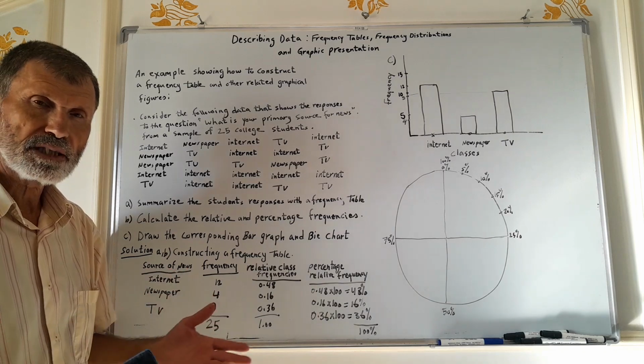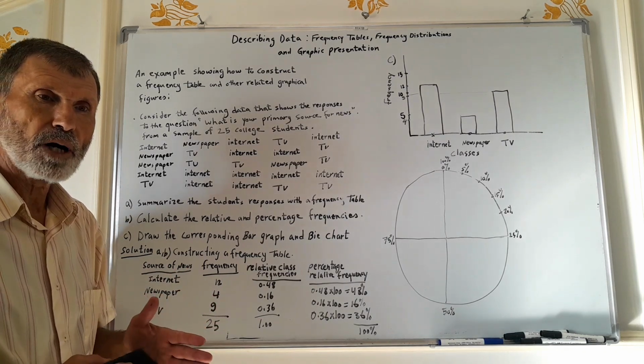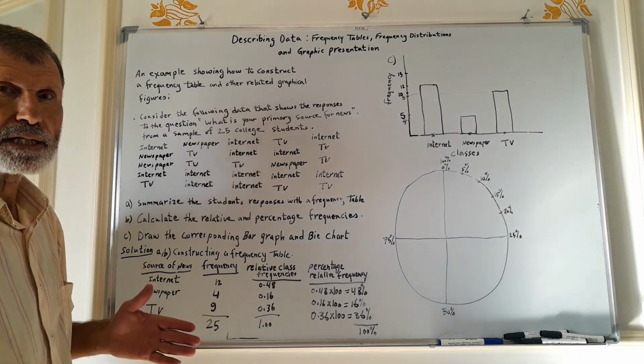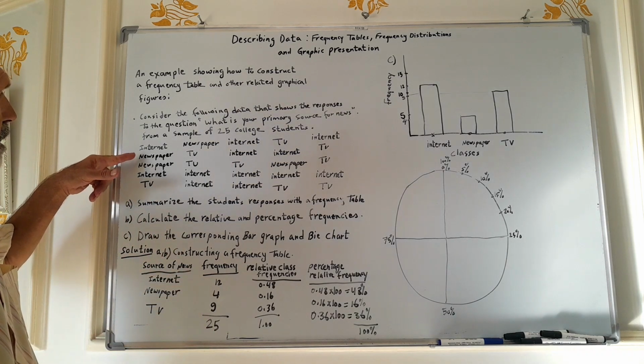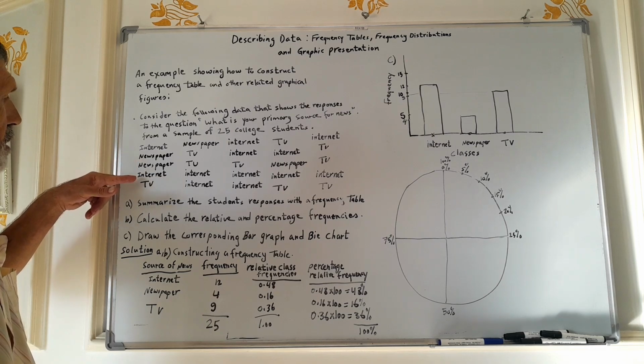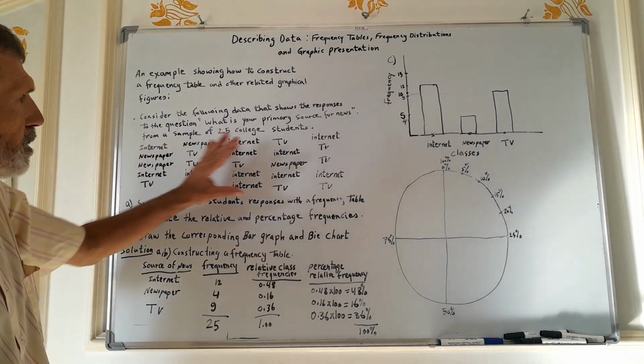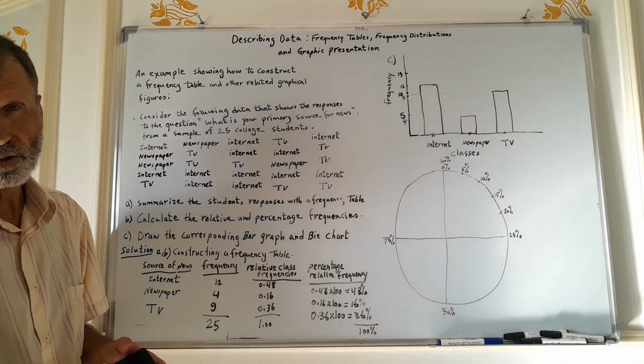So we asked 25 college students about their primary source of getting news. The responses were as follows: internet, newspaper, internet, TV, all the way. These are the responses of the 25 college students.